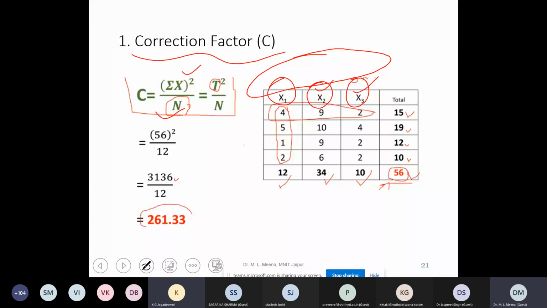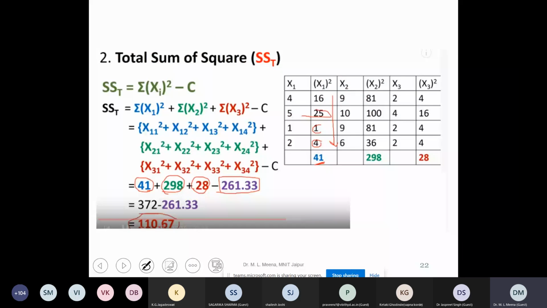We can see in this table three groups, and each group has 4 observations, so the total N equals 12. The summation of x is 54, and 54 squared gives C, which is 261.33.